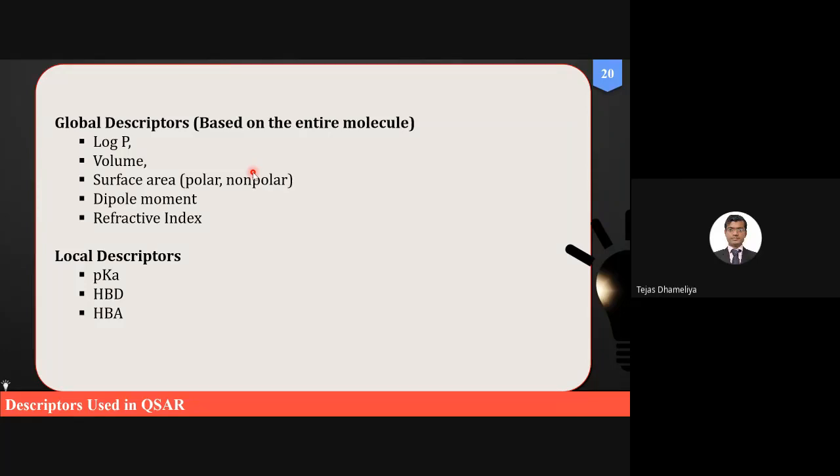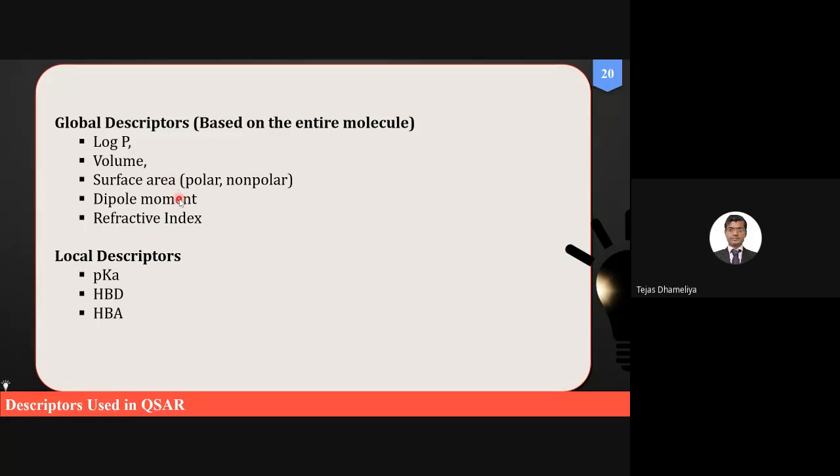So that we can understand the various descriptors which describe the molecules. With this discussion we can understand another kind of descriptor, called global descriptors and local descriptors. Global means these are the descriptors for the entire molecule, just like dipole moment.